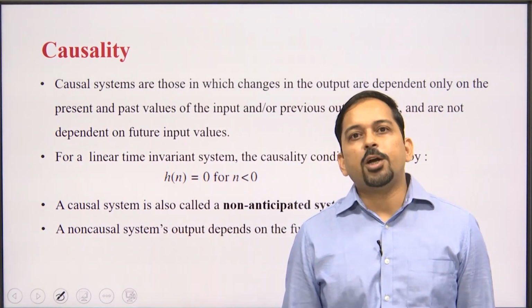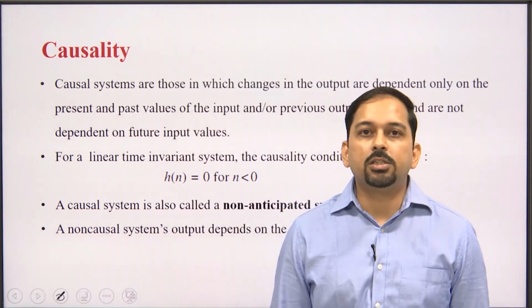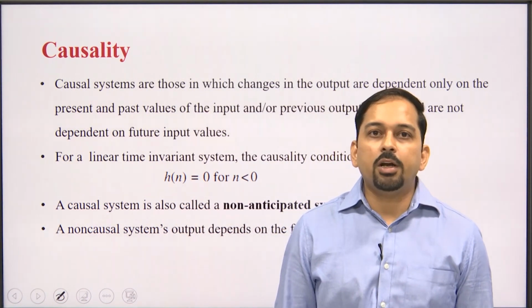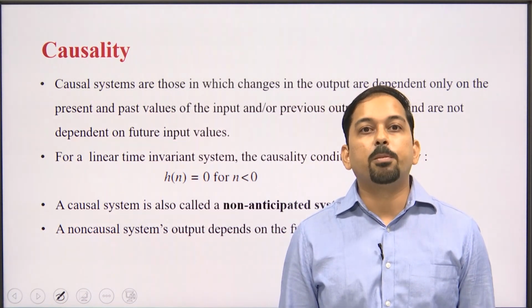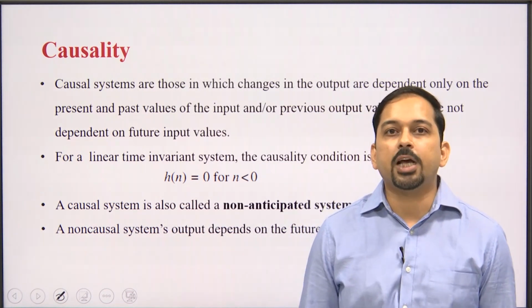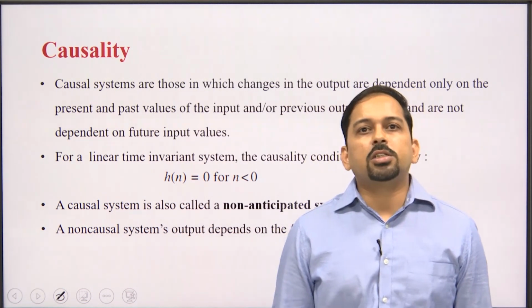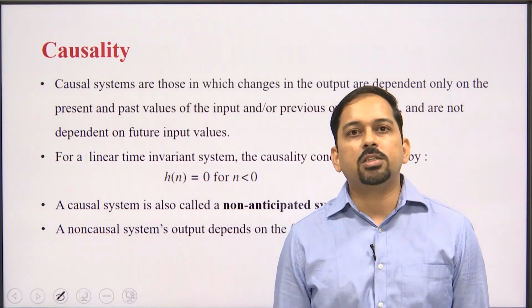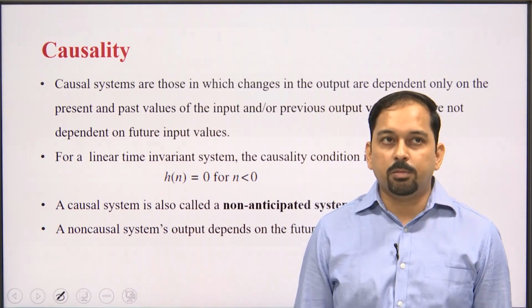A system is said to be causal if the present output depends on the present or the past values of input, and if the system depends upon any future value of the input signal, then the system is said to be non-causal. Causal systems are realizable, whereas non-causal systems are not physically realizable.